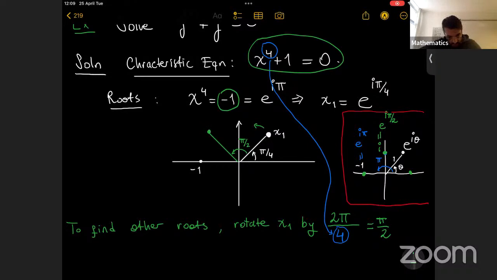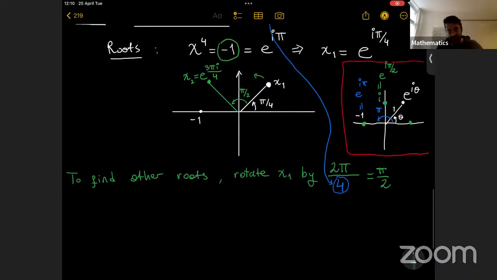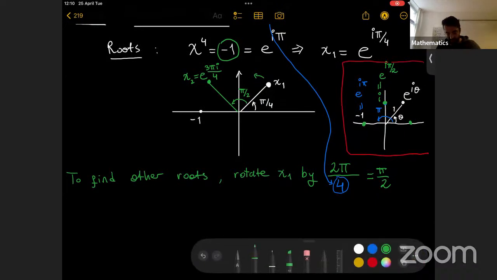And this point, lambda 2, is e to the 3 pi I over 4. Clear? So we get two roots. The other roots, you can continue with this process, or easier, you can take the conjugates. So maybe let's write here lambda 2.